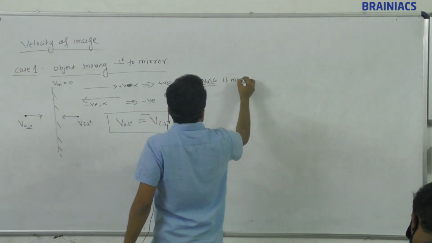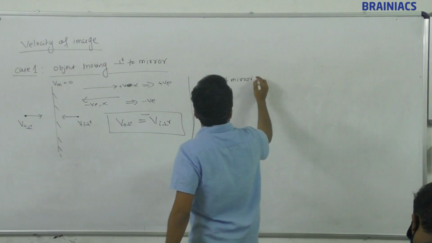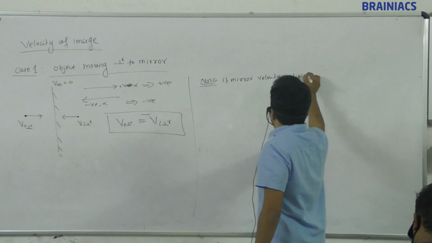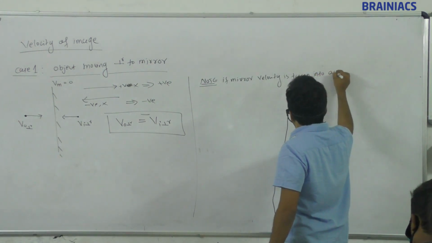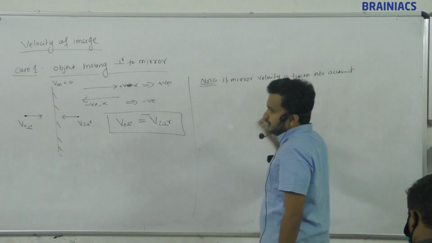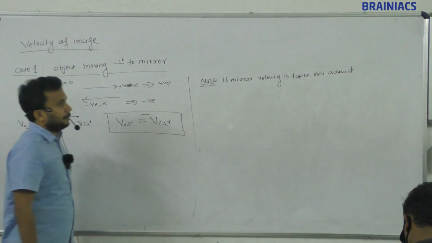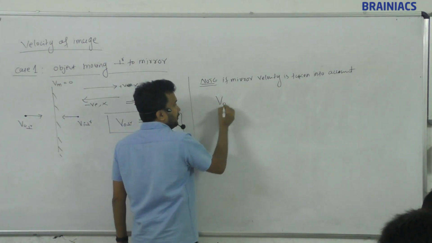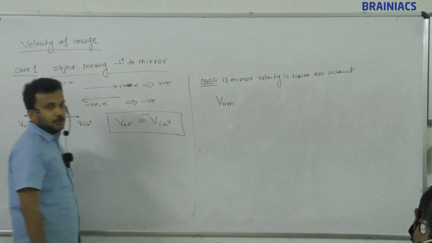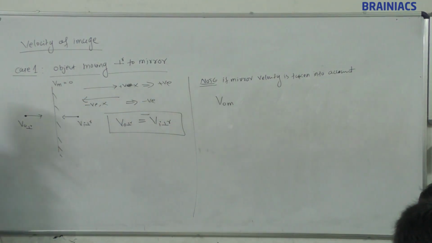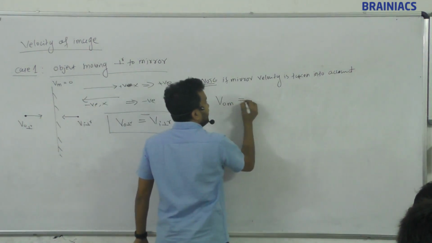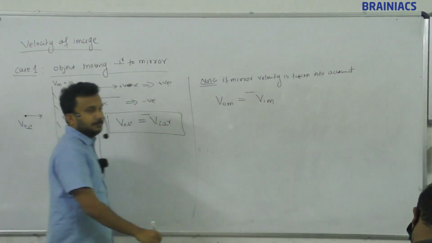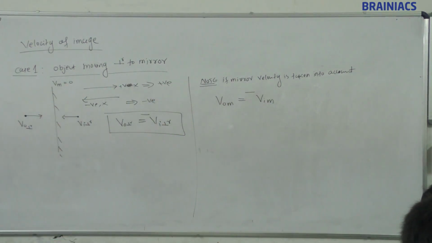If mirror velocity, this is important. This is a real question. If mirror velocity is taken into account, then velocity of object with respect to mirror, VOM, is equal to negative of the velocity of image with respect to mirror, because object and image will be moving in opposite directions, right?